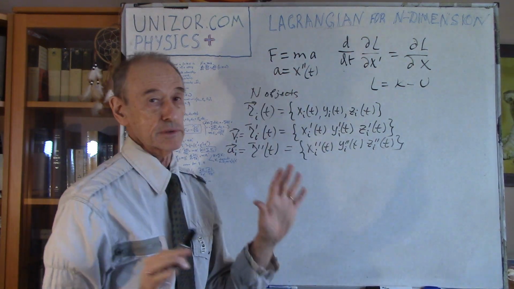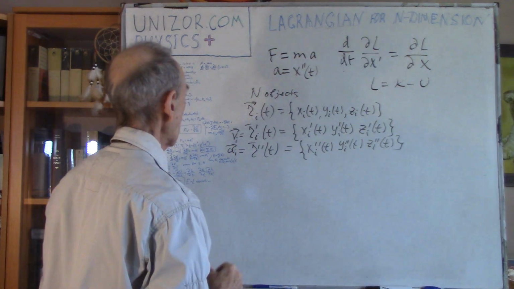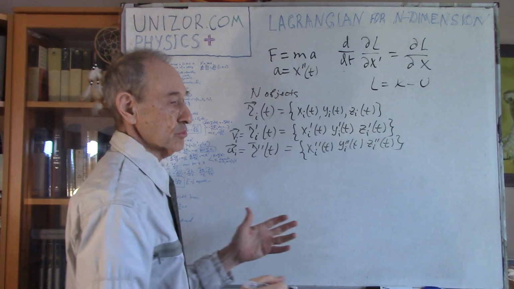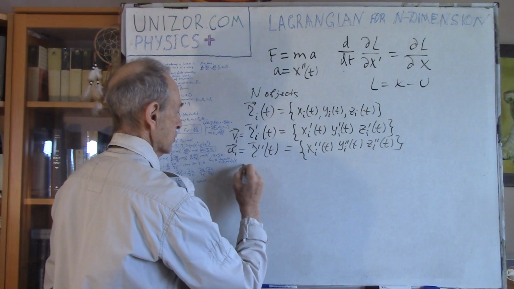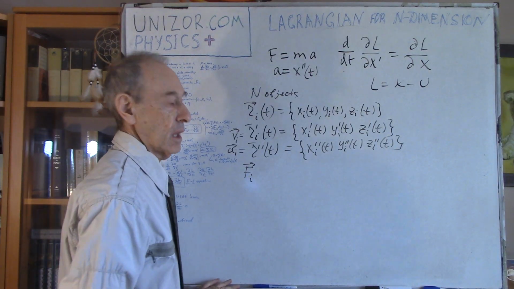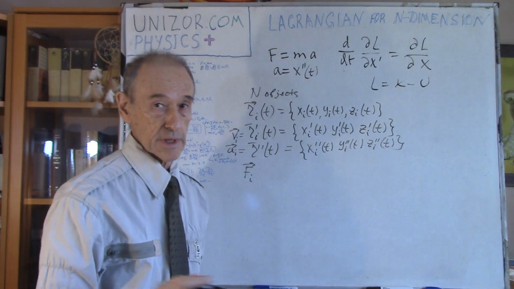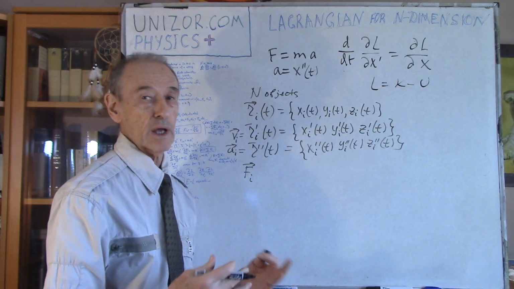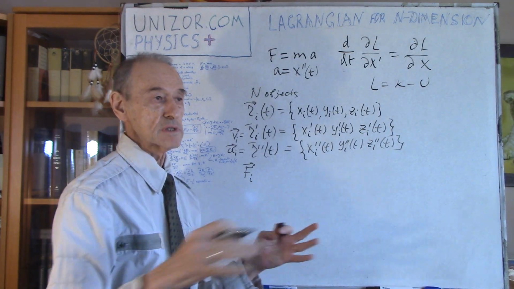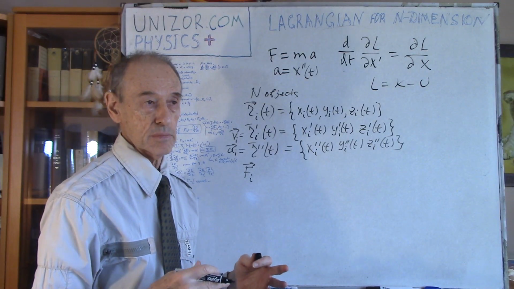Now, let's talk about the force. Let's assume that the force Fi, which is a vector, is a stationary force, like gravitation, for example. It depends only on the positions of all the other objects in the system.